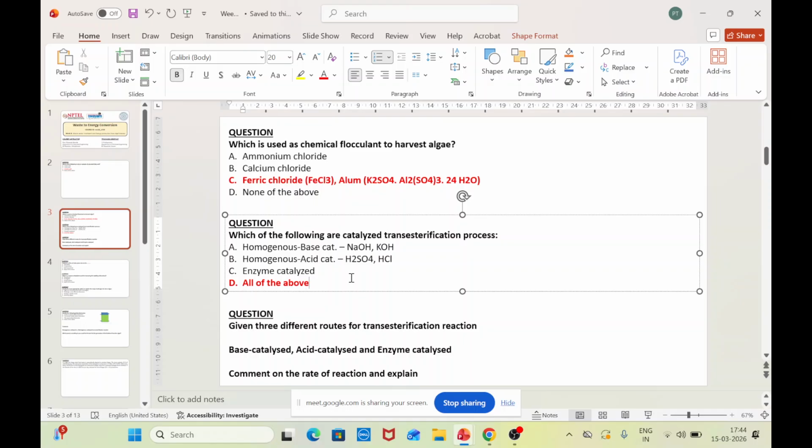For enzyme catalyst, any idea, any guesses on what kind of enzymes could be used for this transesterification process?